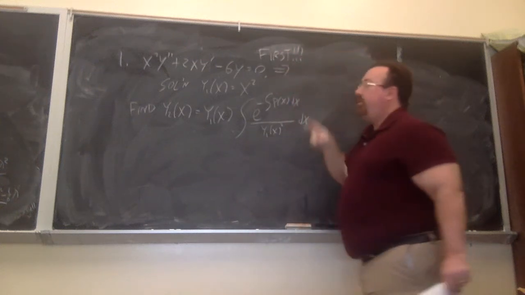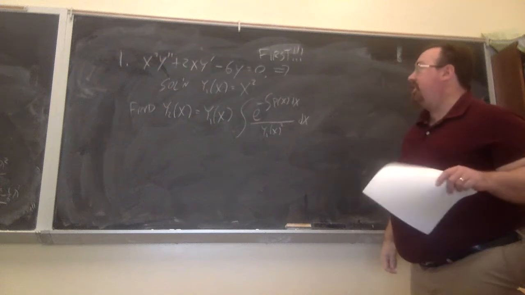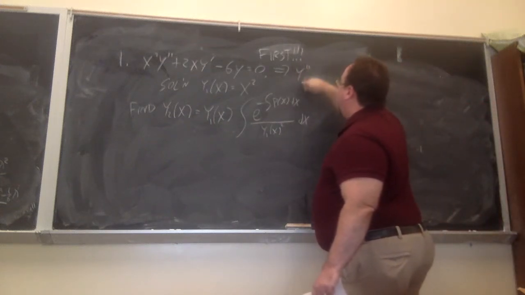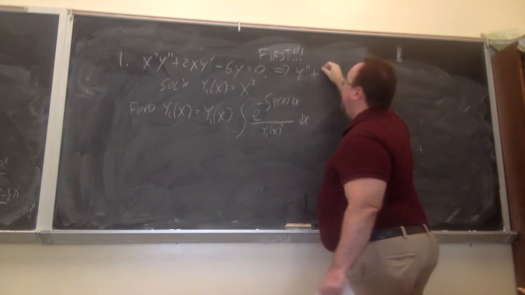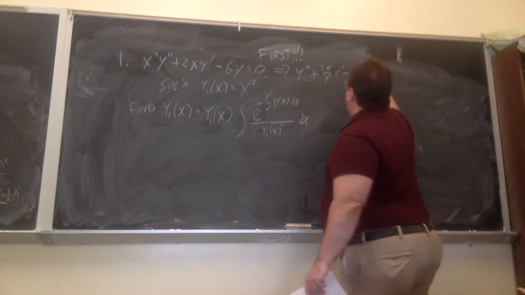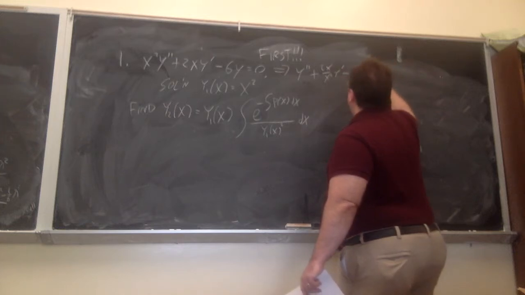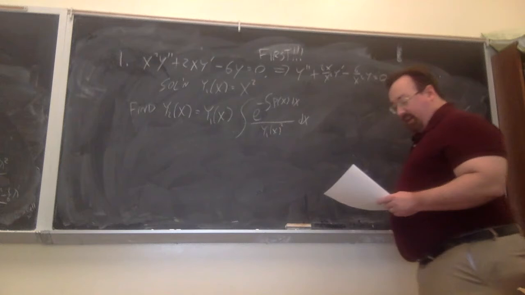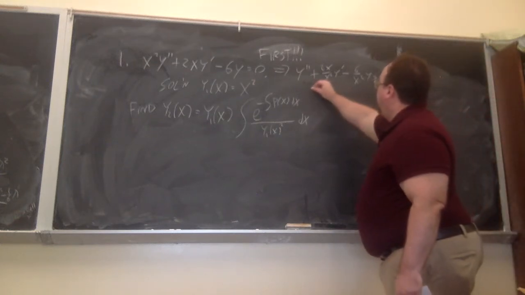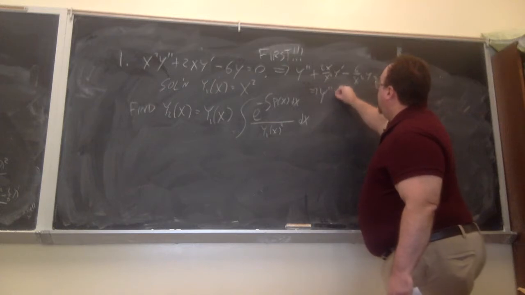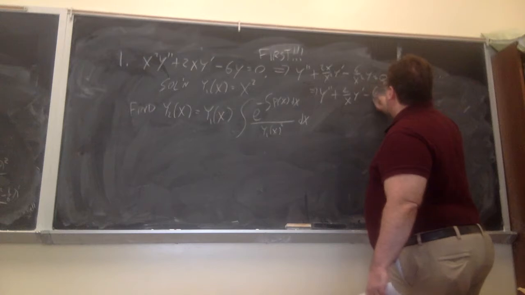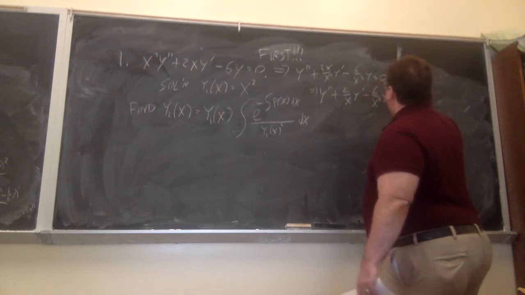The actual first thing you do: isolate y double prime. Divide by the coefficient of y double prime. So you have y double prime by itself. Then you have 2x over x squared, y prime, minus 6 over x squared, y is equal to 0. And then you can simplify: y double prime plus 2 over x, y prime, minus 6 over x squared, y is equal to 0.